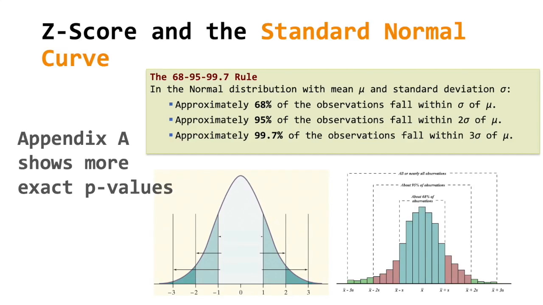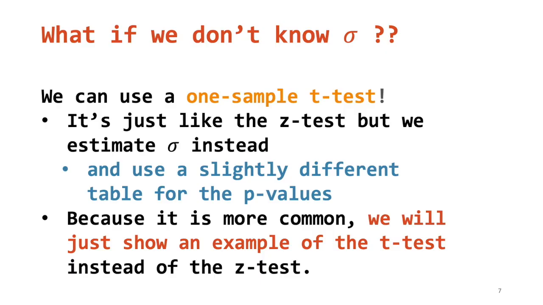And again, with the z-score, you have the standard normal curve, so you have the 68, 95, and 99.7 rule that we talked about. But all this assumes that we know the population mean and standard deviation. So what if we don't know the population standard deviation, or sigma? We then can use a one sample t-test.